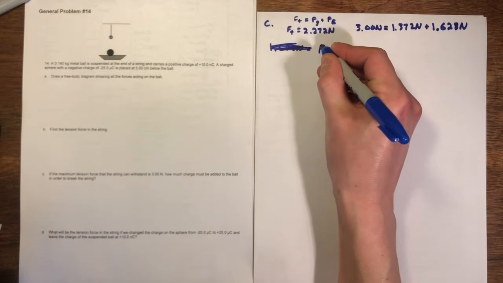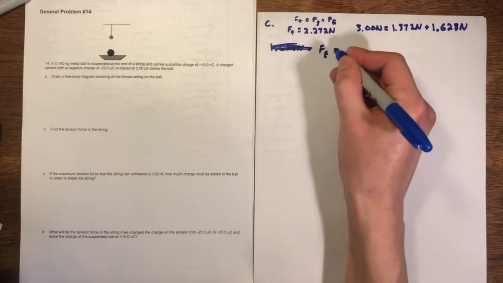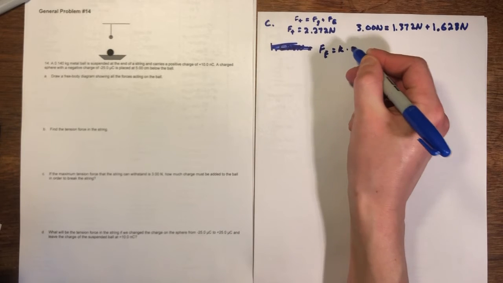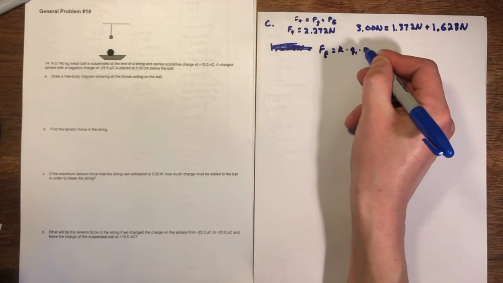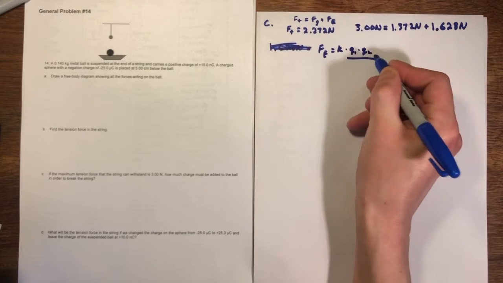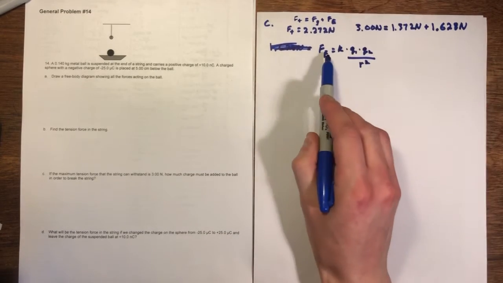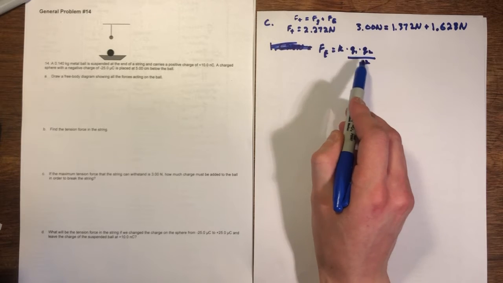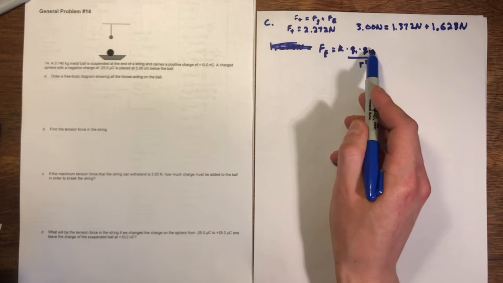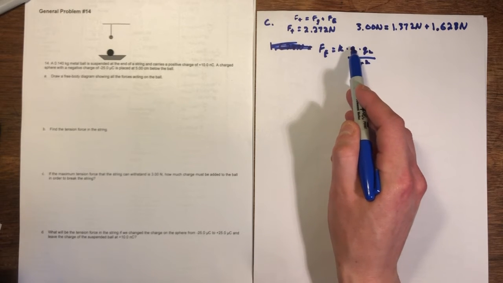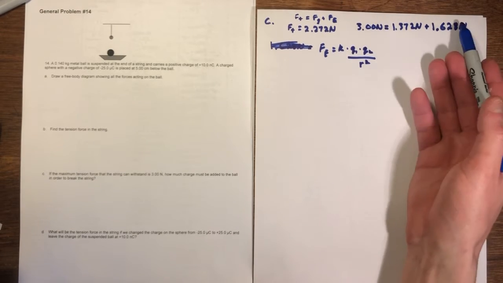The electrostatic force is equal to K times Q1 times Q2 over R squared. So we know this, this, this, and this. We want to know what we would change our first charge to in order to get to this new value.